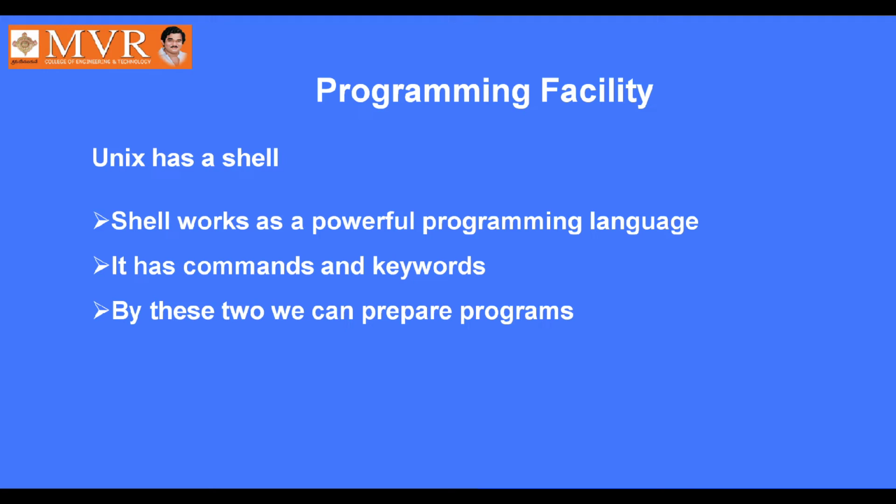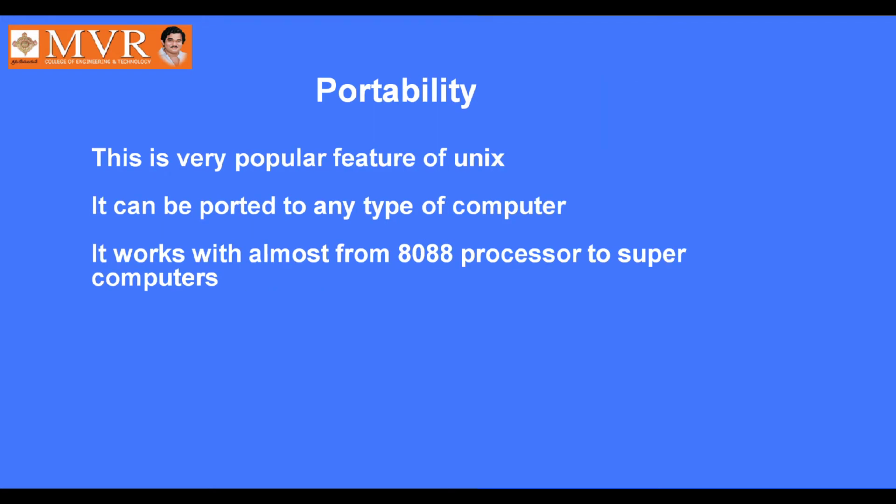It has commands, and it also has keywords. Just as in C language we have 32 keywords, in Unix we also have some separate keywords. With the help of these keywords and commands, we can write programs directly in Unix. So this is the programming facility it has.